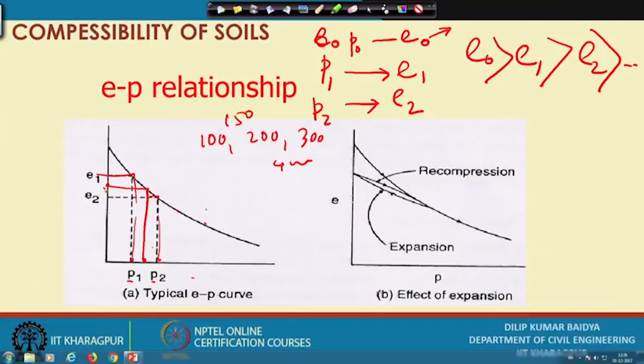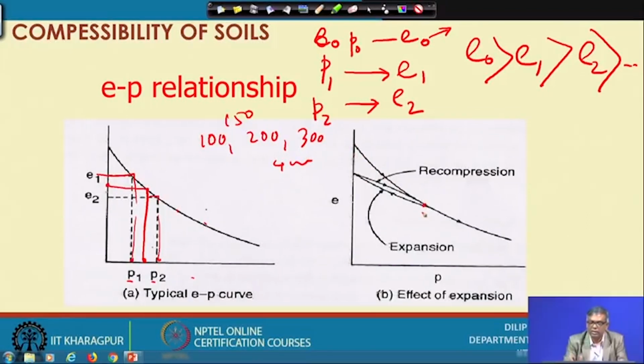And typically during consolidation, you can see that you have applied a certain amount of load here, and the void ratio goes up to this point. Sometimes if you remove the load, some sort of expansion will be there, but it will not go back in the same path. It will rebound in this way, and it will not go to zero; it will have some permanent compression.